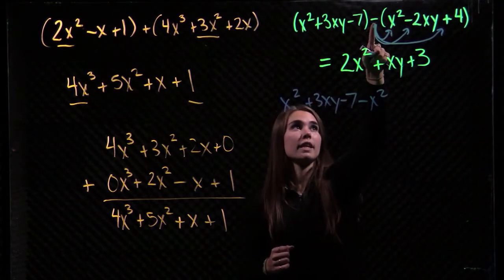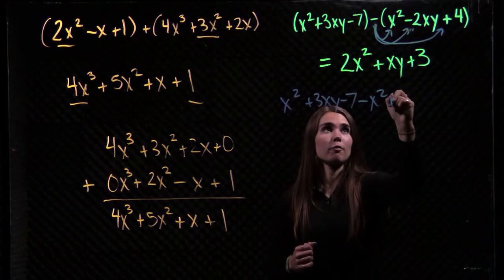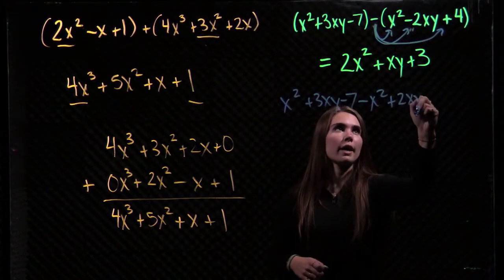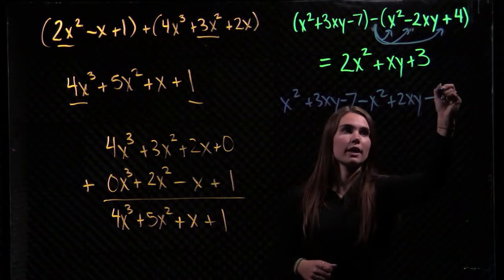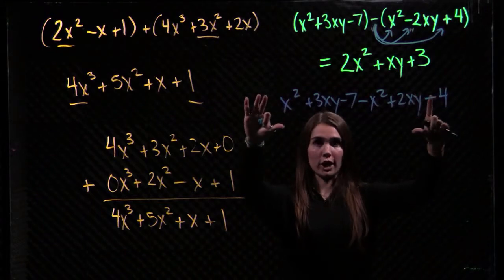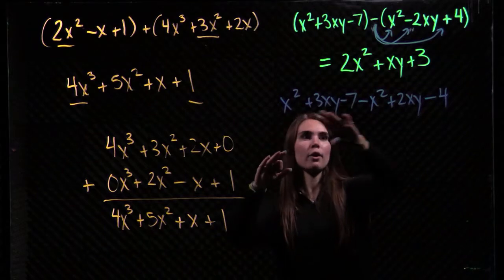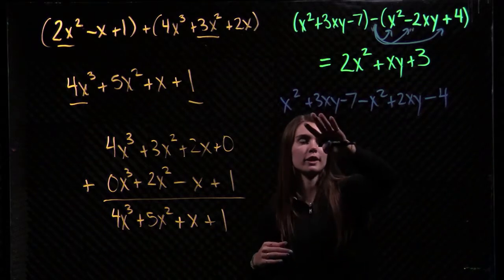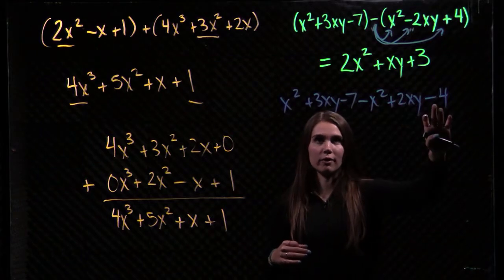We're distributing this negative to a negative 2, so negative times a negative equals a positive, so we have plus 2xy. And then we're distributing this negative to our positive 4, so we have a negative 4. Now this is our rewritten subtraction equation. And now we can see how we have our x squared minus an x squared, we have our 3xy plus 2xy, and then our negative 7 and negative 4.